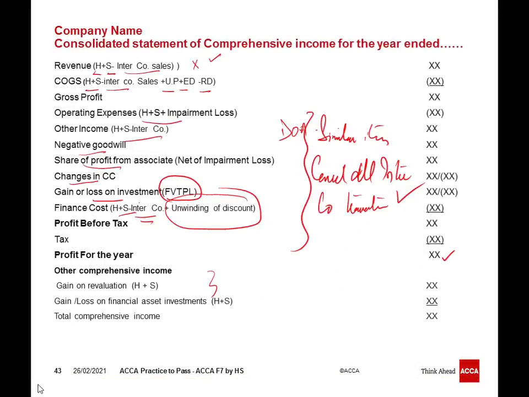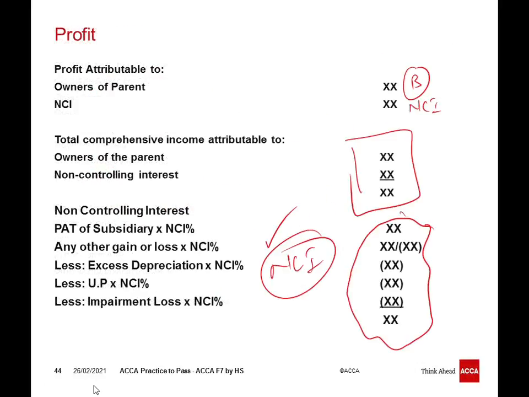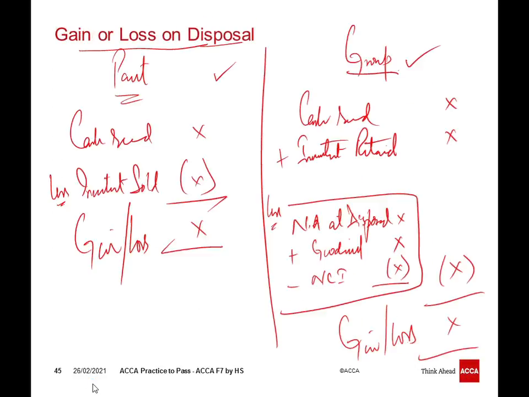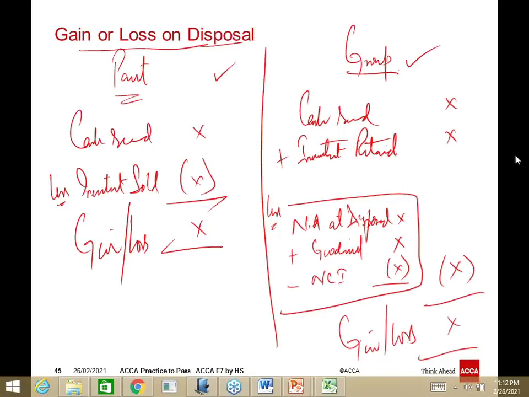So this is the basic format for the P&L. This is the breakup of NCI. And this is the formula for the gains and losses on disposal. So in the examination, you will be given this data directly.